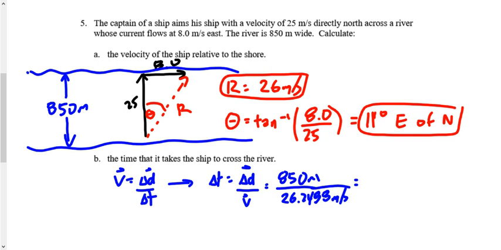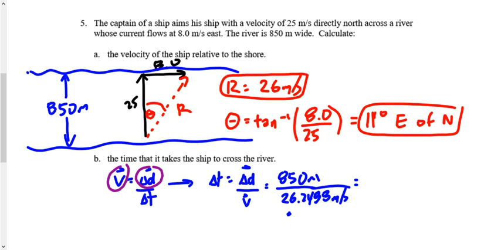Good. Yes. If you're going to use that velocity of 26 meters per second at an angle of 11 degrees, then I need to use the displacement at an angle of 11 degrees. In other words, anytime I use this equation, V is equal to delta D over delta T, V and delta D must be in the same direction.